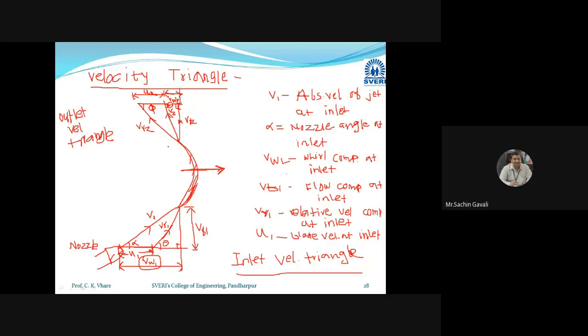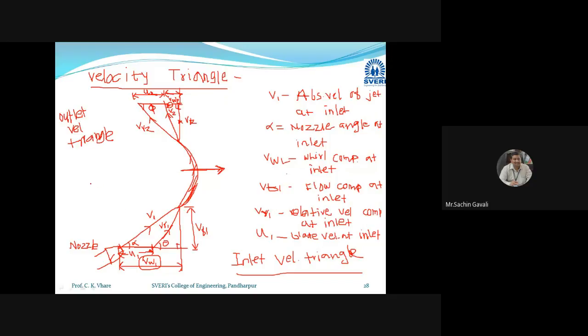Now VR2, there is V2 coming. This V2 again has two components. One component is in the vertical direction, called VF2, responsible for flow. This VF2 is responsible for how the water goes out. V2 is responsible here to make the power generation.